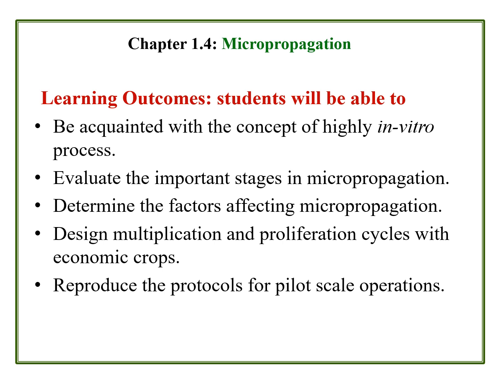The chapter Micropropagation has the learning outcomes as follows. The students will be acquainted with the concept of a highly in vitro process. Since micropropagation is completely an in vitro process, it is strictly applicable within the laboratory, and only under highly aseptic conditions will the micropropagation process be obtained.